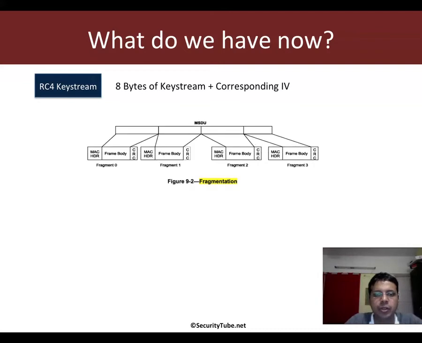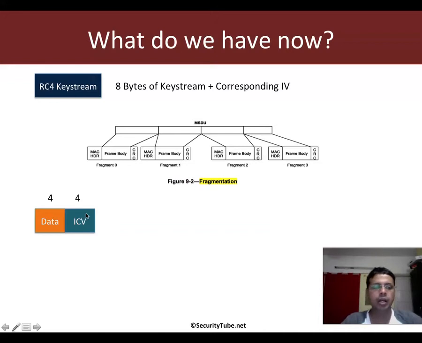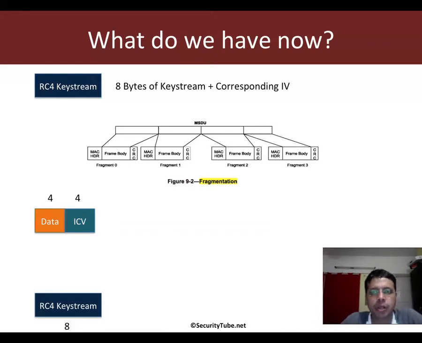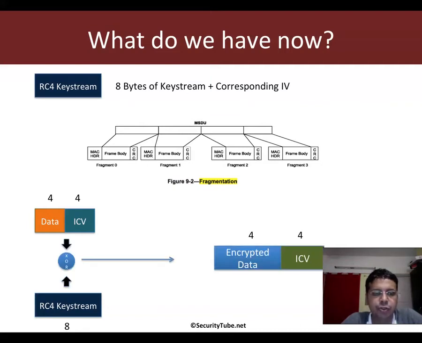Now what we can do is, think about it. We could actually create a very small packet of 8 bytes where the data is 4 bytes, and we calculate the ICV for this data, which will of course have to be 4 bytes because that is a requirement. Now we can take the RC4 key stream which we just got because we were able to guess the LLC header, and then we can XOR both of these to actually get an encrypted data and the corresponding encrypted ICV, right?